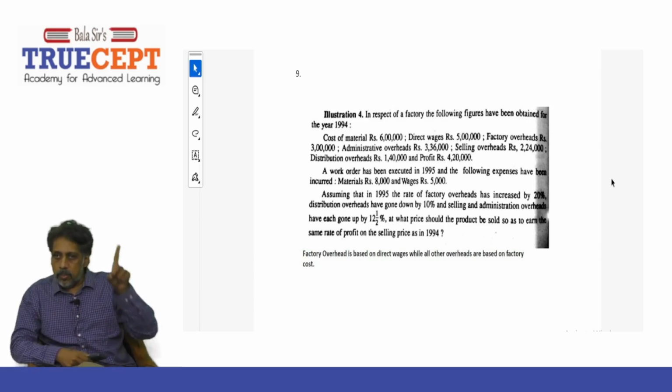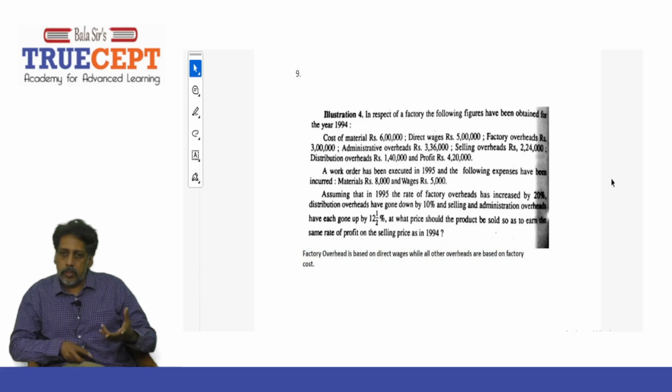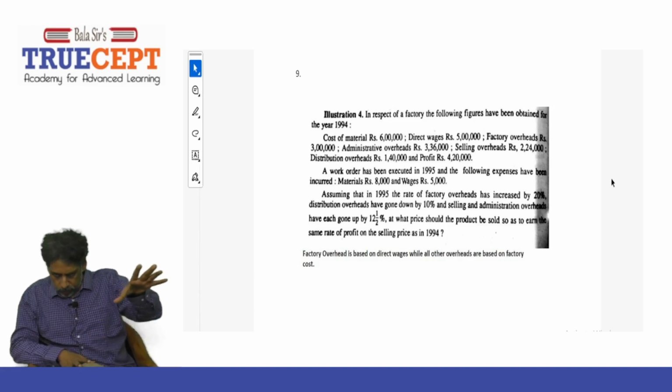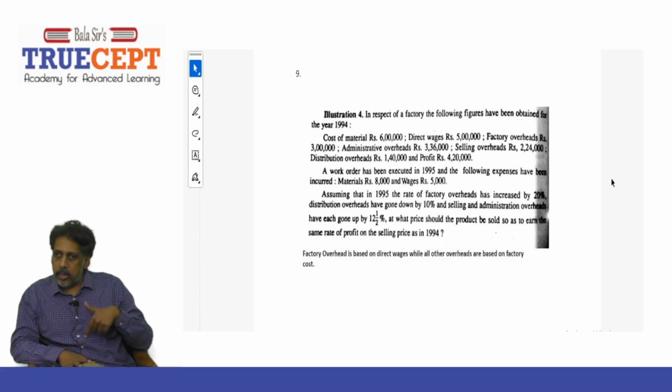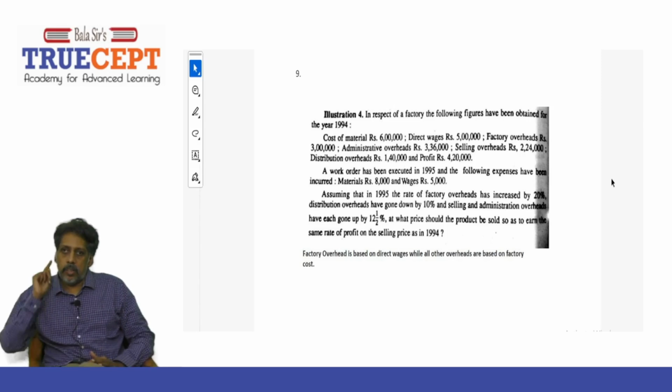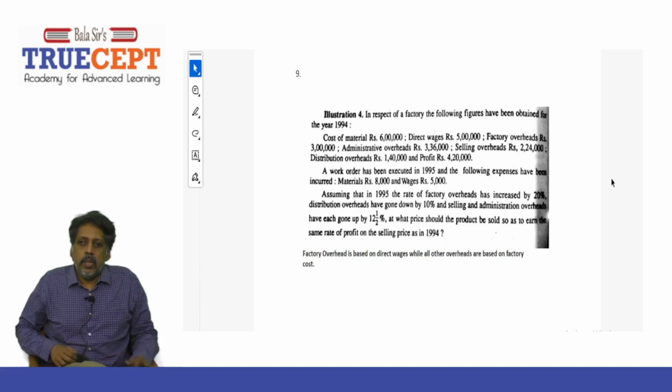They give only two numbers. What is that? Amount spent on material for the job, 8,000. And wages how much? 5,000. Exactly. That's why it is given that the factory overheads are recovered, absorbed on direct wages, and all other overheads on works cost, nothing but factory cost.